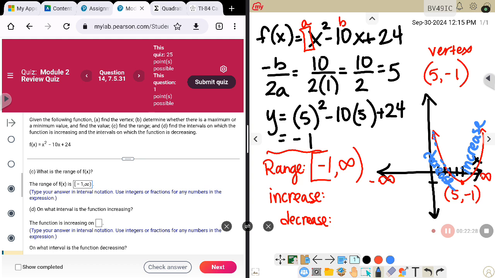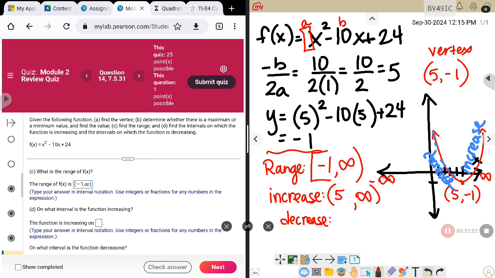So when you're talking increase and decrease, everybody gets parentheses, and we're using the x coordinate of the point where it's changing direction. So my increase is on the right side of that parabola. It's going to start at 5 and go forever to the right to infinity.